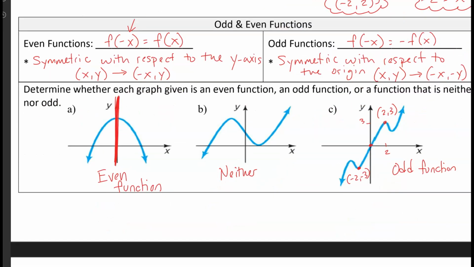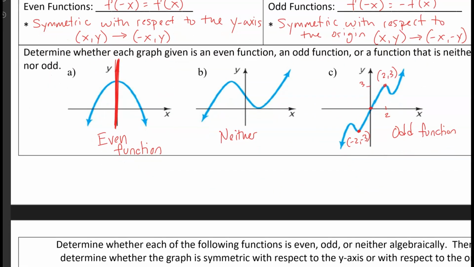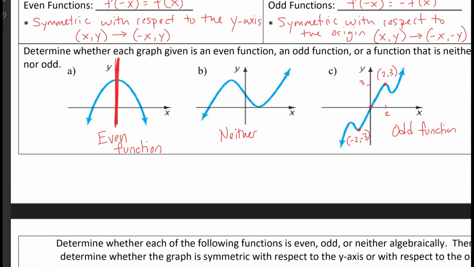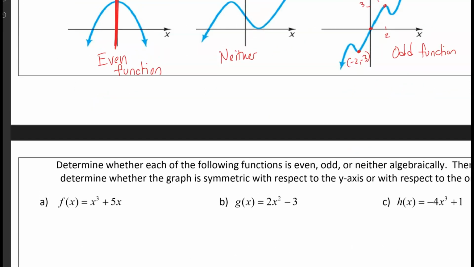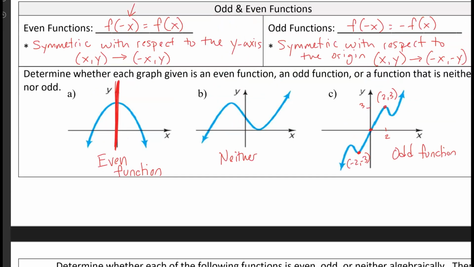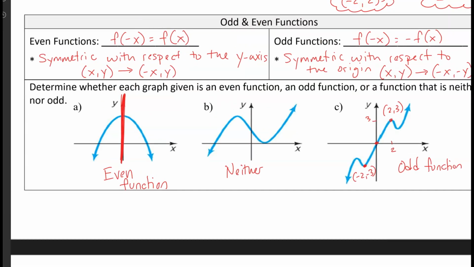Now, looking at a graph and knowing whether it's even or odd is very straightforward. But we will also ask you to look at a function and algebraically determine whether or not it's even or odd. And to do this, you have to look at the above definitions that I already showed you.